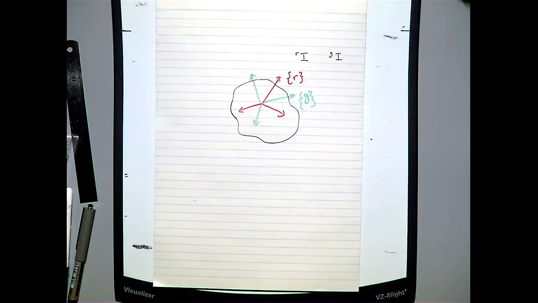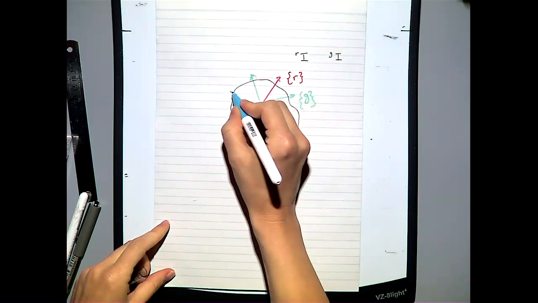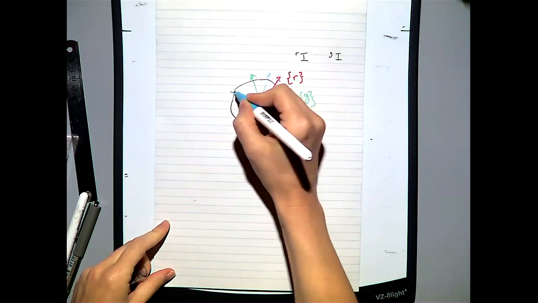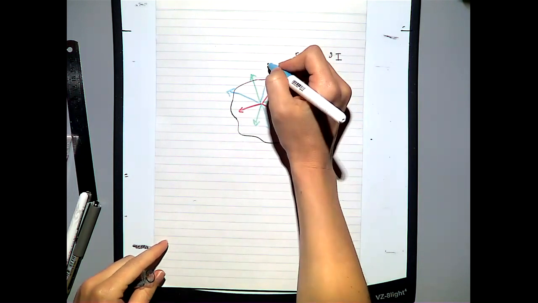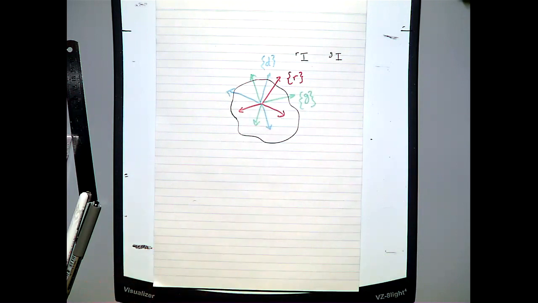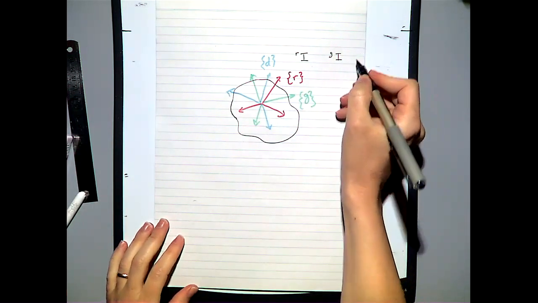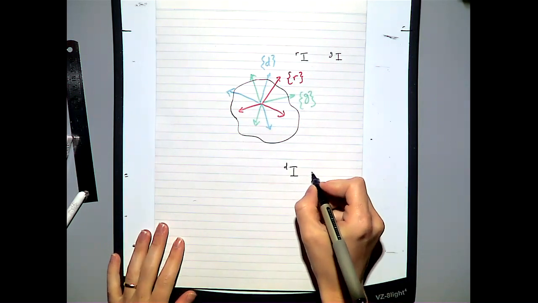Okay, so the question that follows is, can I find some kind of best friendly frame? I'll call it D, despite the color. D for diagonal. So can I hit a frame where ID is diagonal?